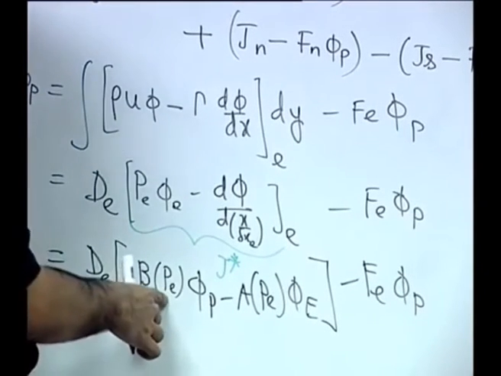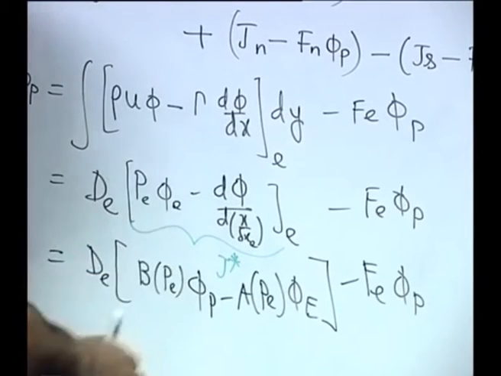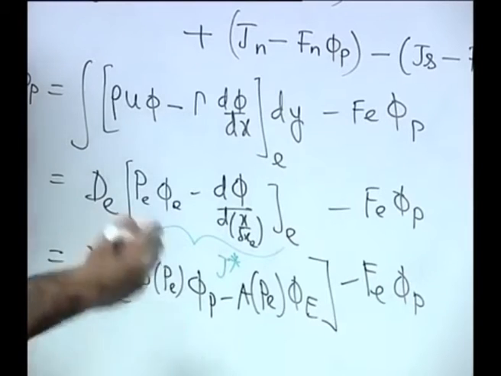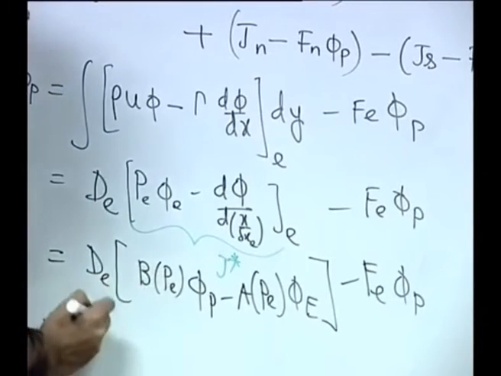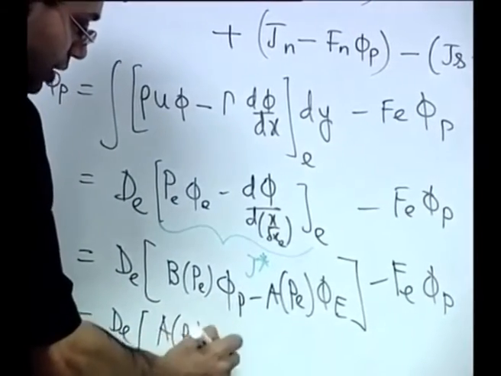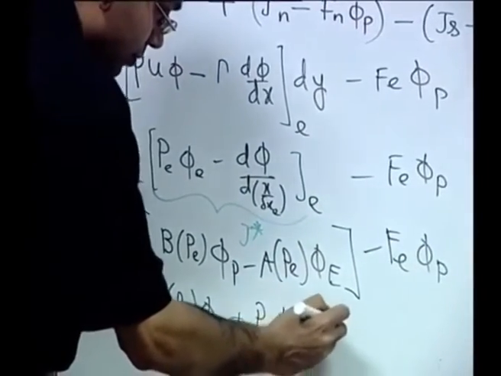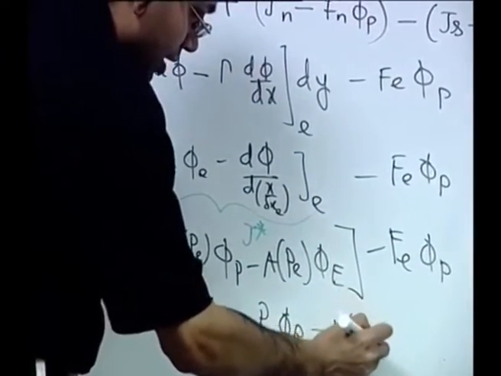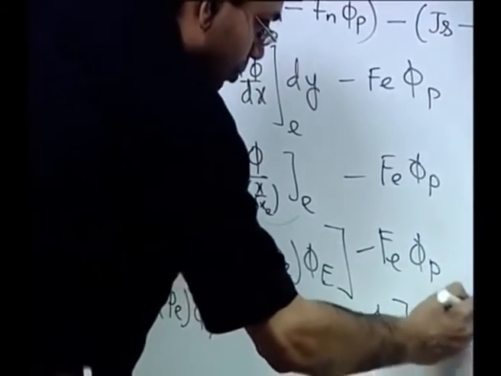Remember, the argument P is Pe based on delta xe. You can write B as A plus Peclet number. So, dE A of Pe phi p plus Pe phi p minus A of Pe phi e minus Fe phi p.